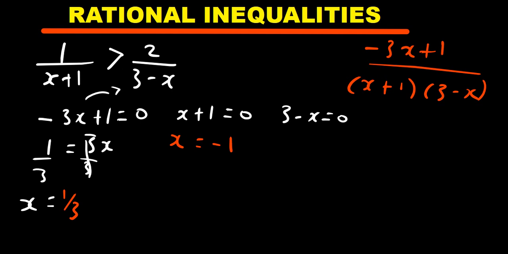This one gives x is equal to 3. So these are our values. The smallest value of x that we have is negative 1, the one that follows is 1 over 3, and the one that follows is 3. Let's write them down there.